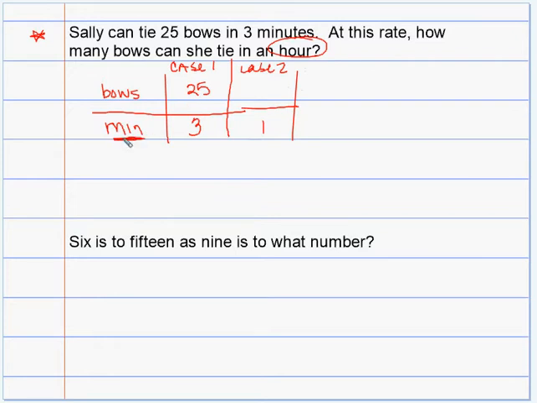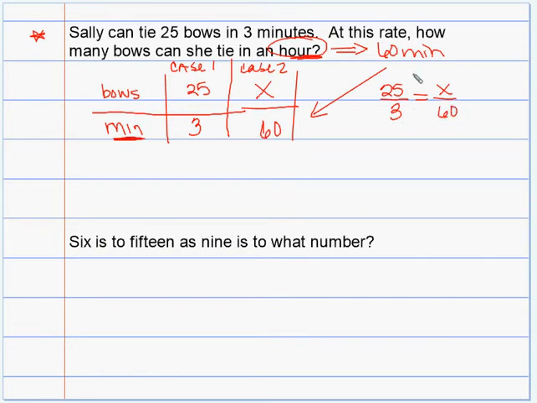This is minutes, this is hours. So we need to convert that to be 60 minutes. So this should be 60. Be careful, that's a place where you can make an error. So here is your proportion: 25 over 3 equals x over 60.